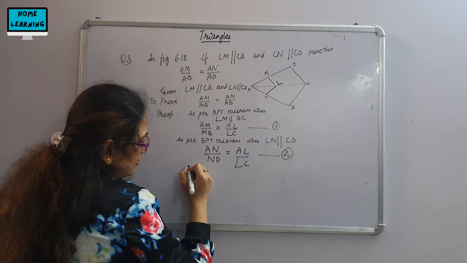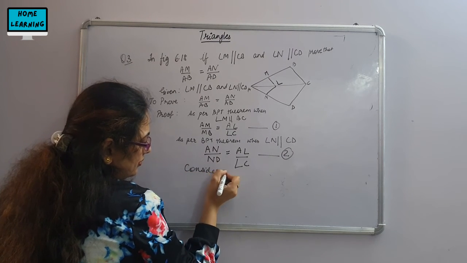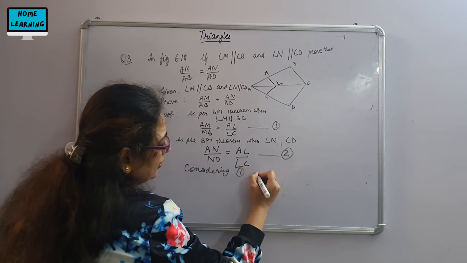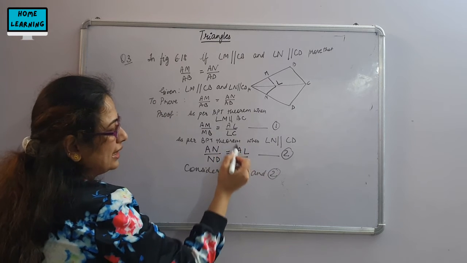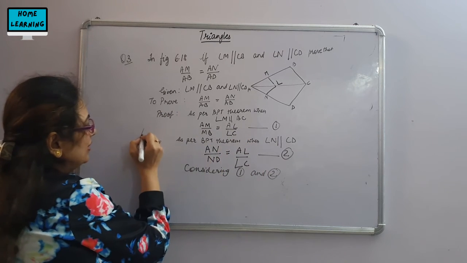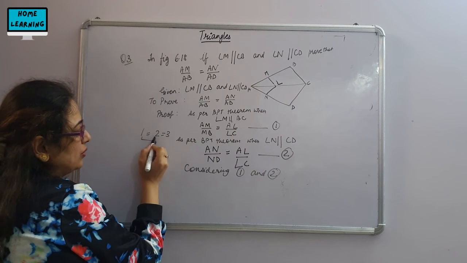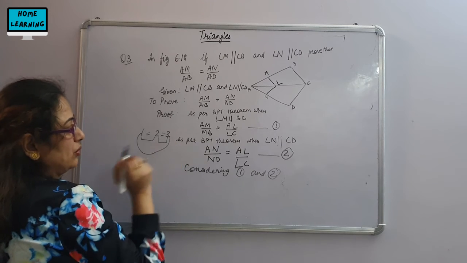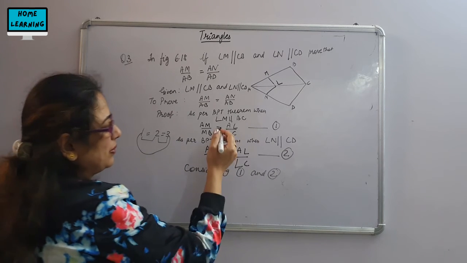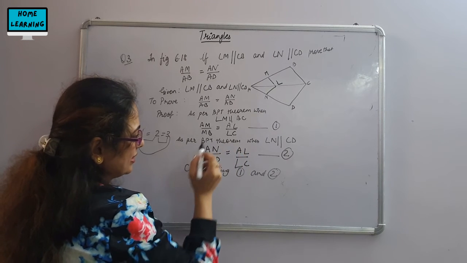Considering 1 and 2, both are equal to the same thing. Just as when 1 is equal to 2 and 2 is equal to 3, then 1 is definitely equal to 3, the same thing applies here. Both are equal to AL upon LC.